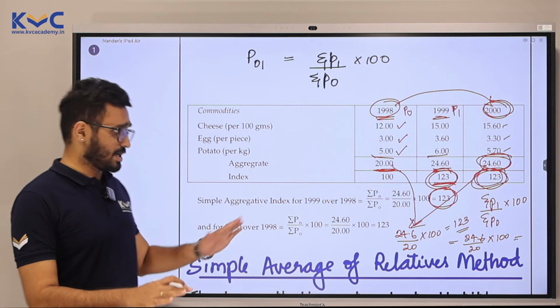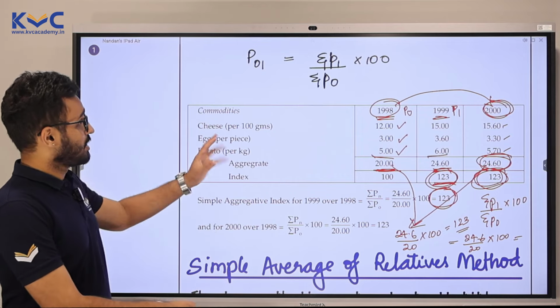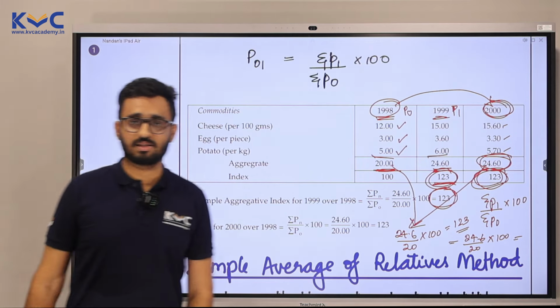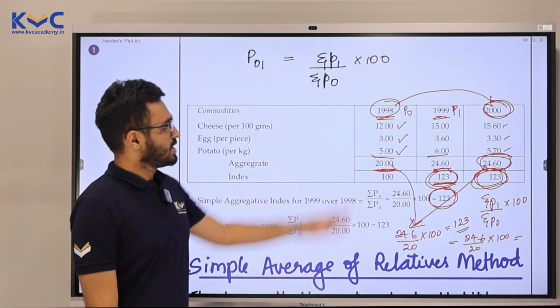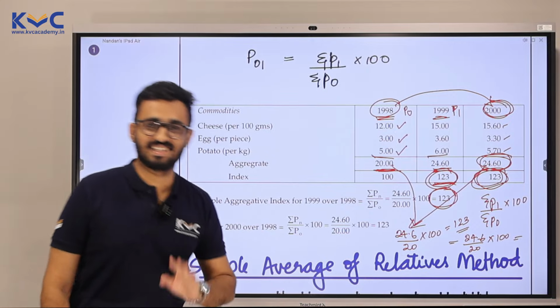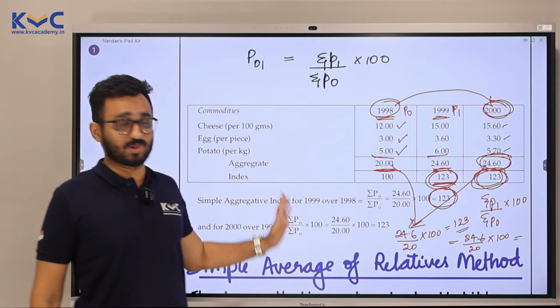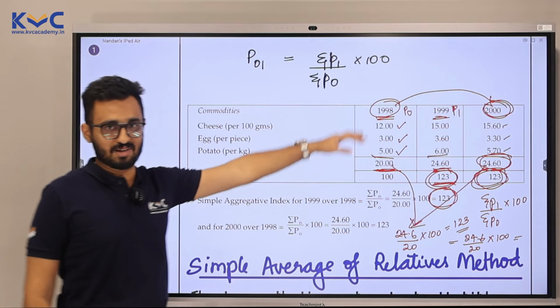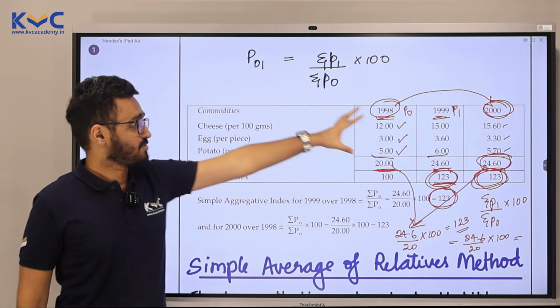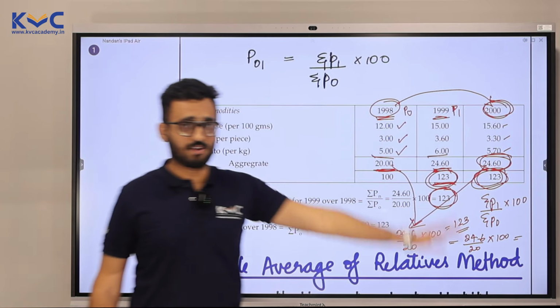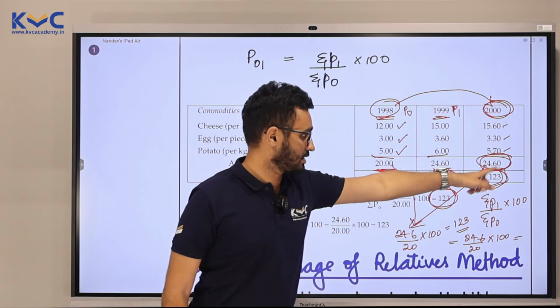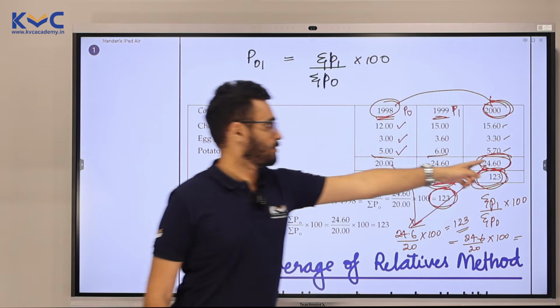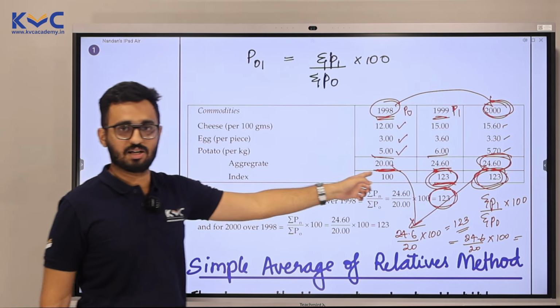Okay, one of the very basic formulas and very basic ways of finding an index number is simple aggregative. Simply aggregate, just like the name suggests. What are you supposed to do? Simply aggregate and take the current year total divided by the base year total into 100. Whichever current year is asked in the question, if they ask the index number of 2000, you will take the current year total, which is 24.6, divided by 20 into 100.